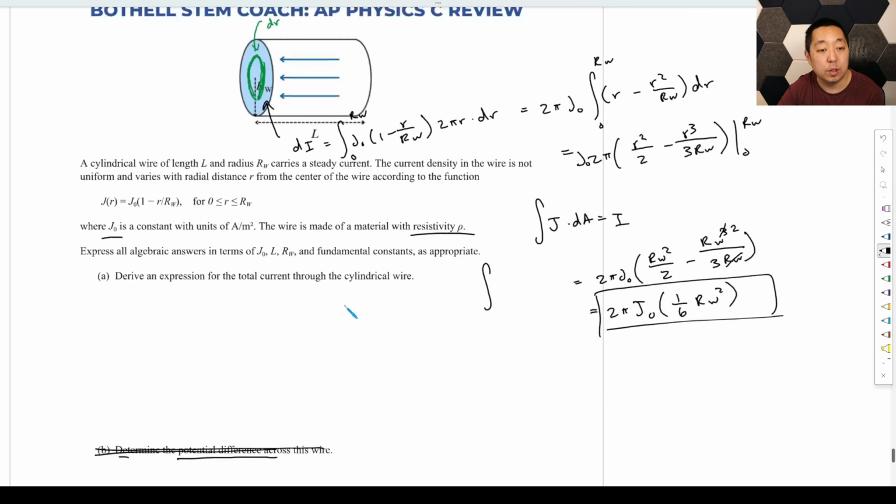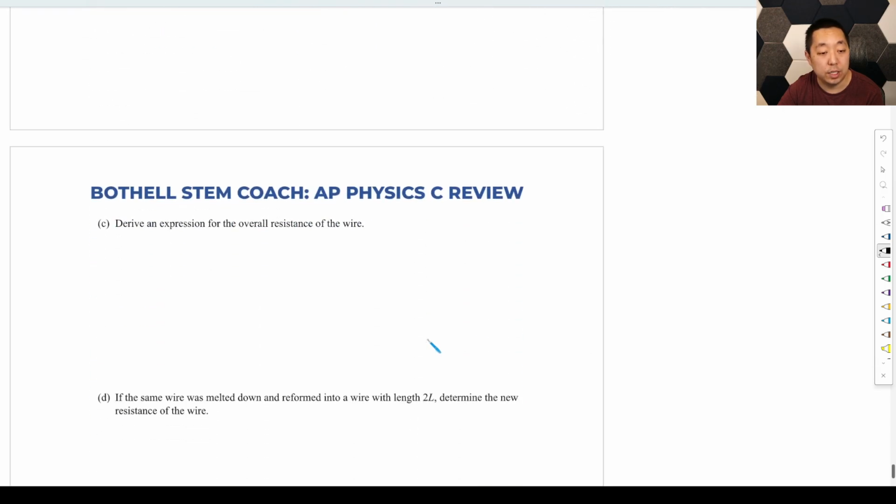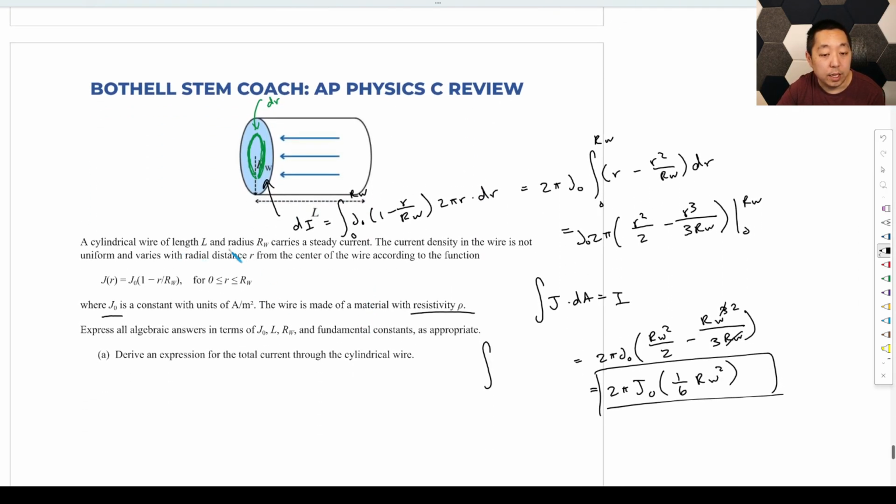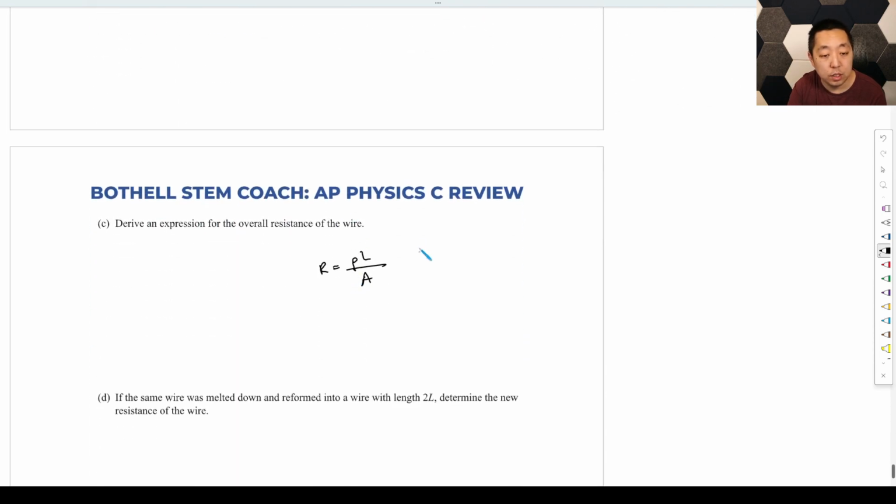The overall resistance doesn't have to do with the current density. This is just making sure you know we use rho L over A. The length is L and the radius is RW, so this is rho L over pi RW squared. That's the overall resistance.